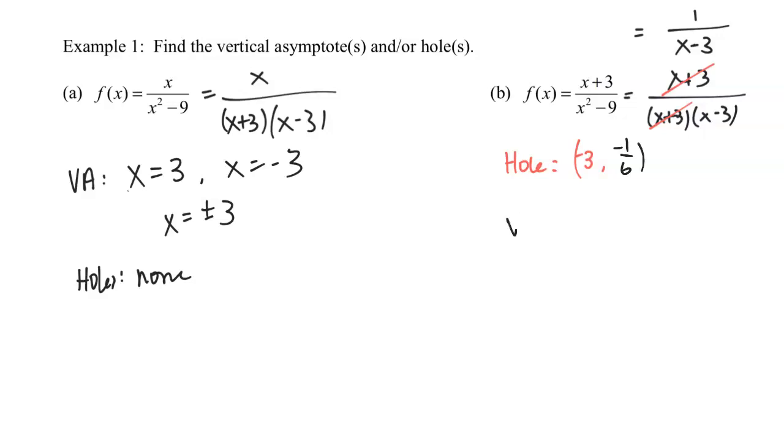Okay, so now are there any vertical asymptotes? Well, if there are any factors left over in the denominator, you've got to set those equal to 0 to get your vertical asymptotes. And so I see that I have this x minus 3 factor left in the denominator, which means I'm going to have a vertical asymptote at x equals 3.